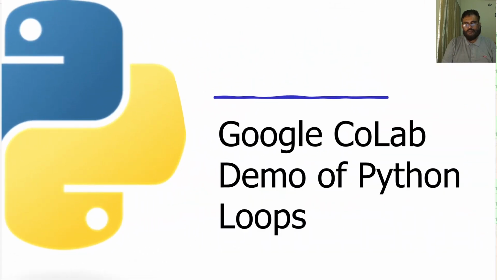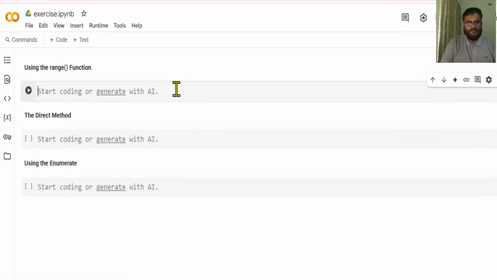So it's now time to switch to the Google Colab demo of the loops. So let's have a demo. Let's create a list, call it circles.